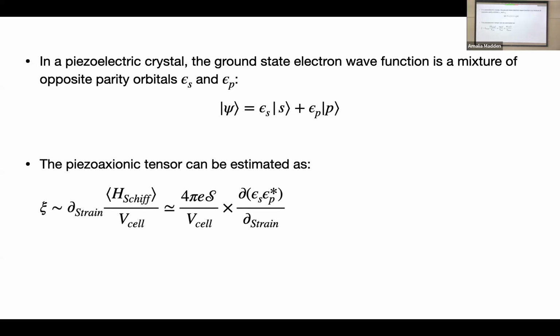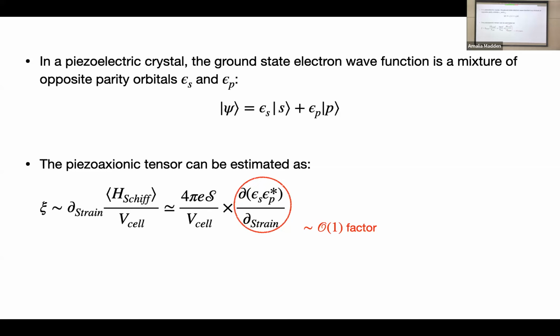Now, if you have a shift potential from your nucleus, naive dimensional analysis would tell you that your piezoaxionic tensor is going to depend on the size of your shift moment, the size of your unit cell, and this very interesting factor here, which is how this admixture of s and p changes as you strain the unit cell. Just to make sure, epsilon s and epsilon p have to have different properties under complex conjugate, right?